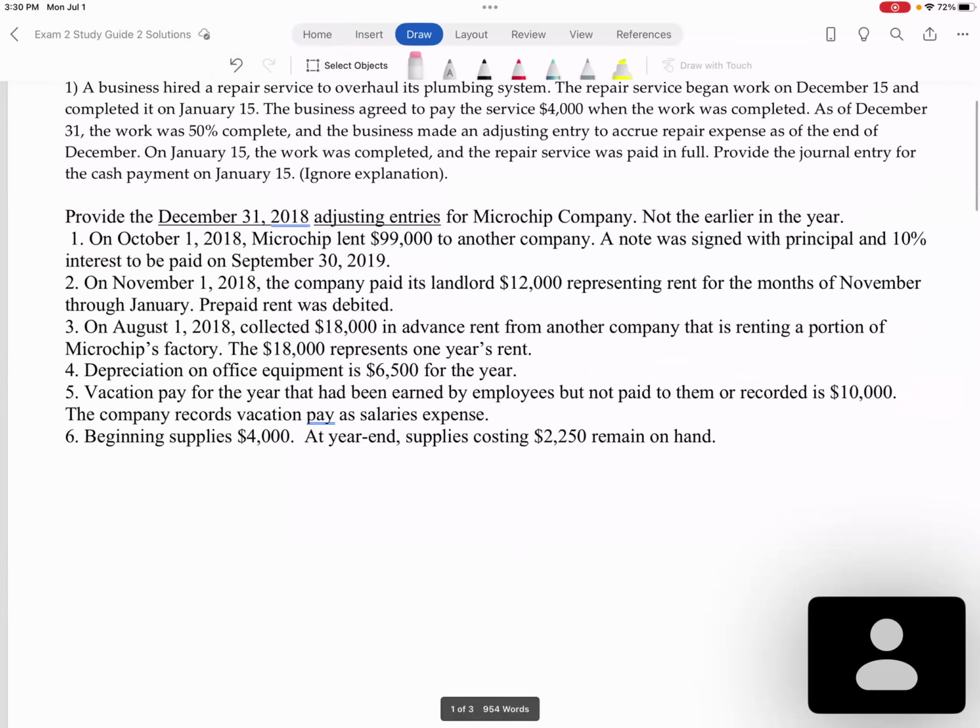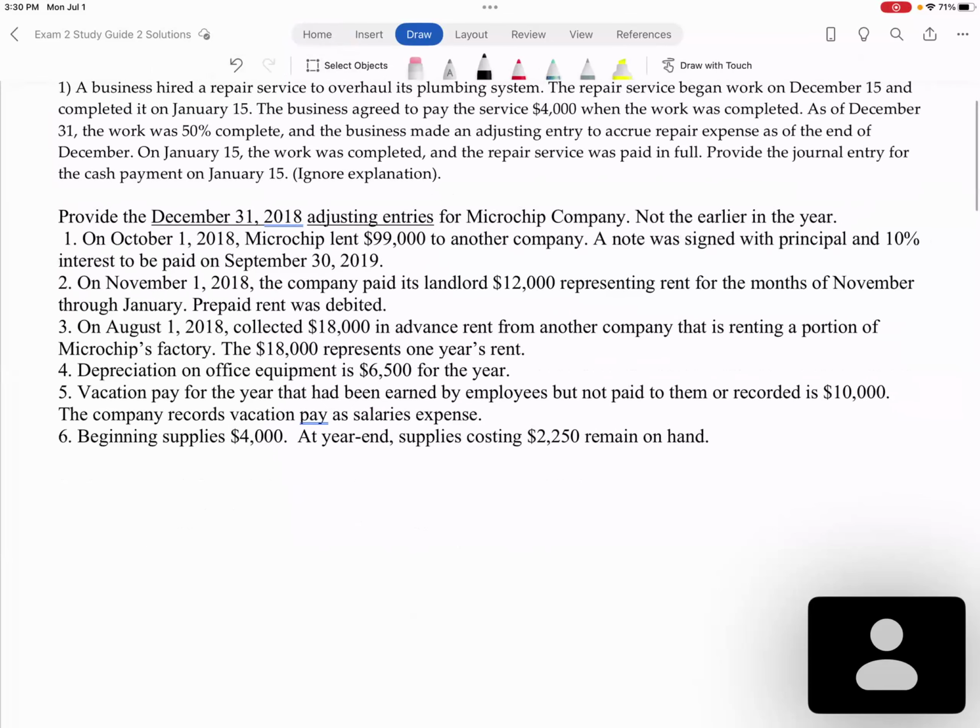So if we failed to do the adjusting entry, this one here, number 2, for rent, okay, that we used up rent. So just think about it. What the adjusting entry is going to be: rent expense and prepaid rent, right? Okay.